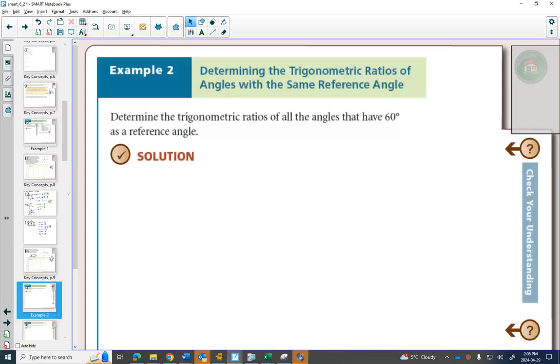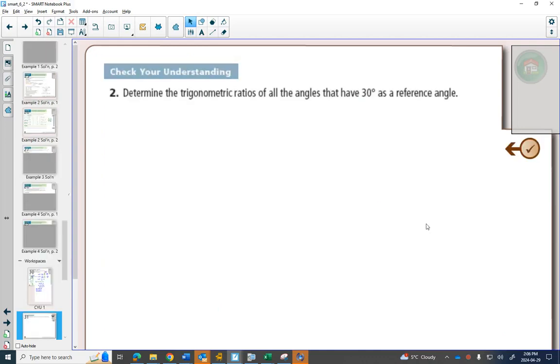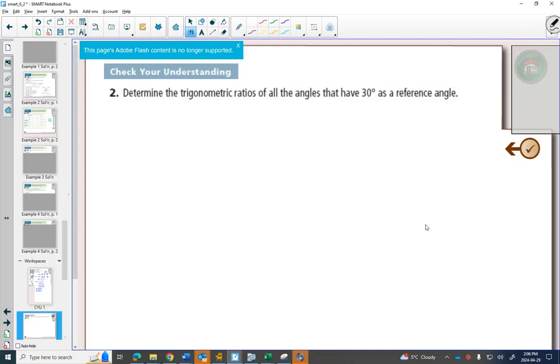And so when we get to example 2, they want you to find sine, cos, tan of 30 degrees, 150 degrees. Sine of 30, cos of 30, and tan of 30.